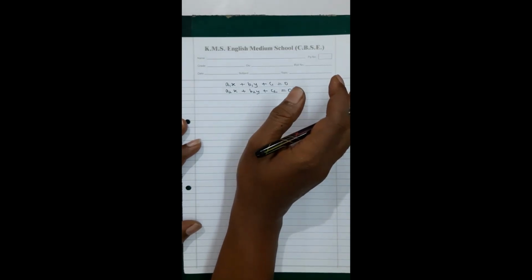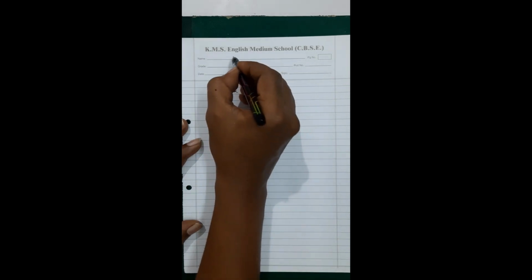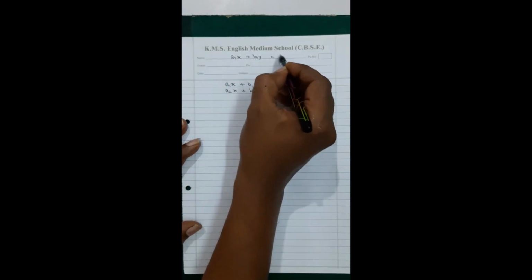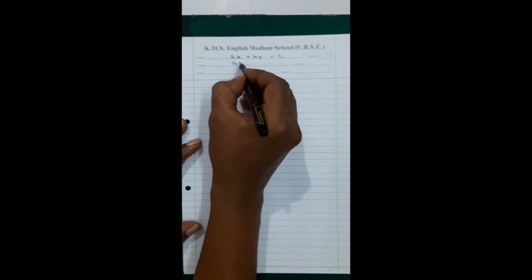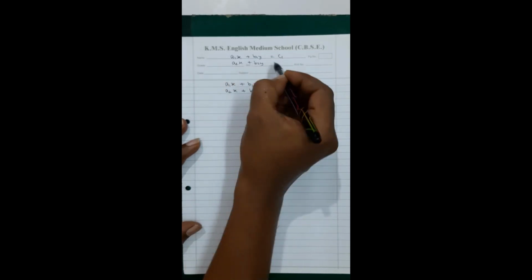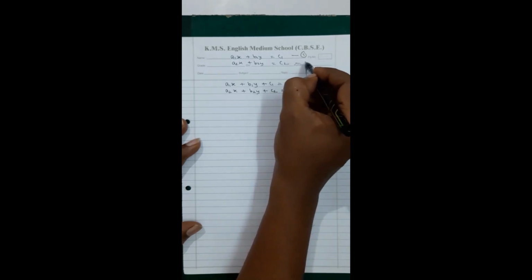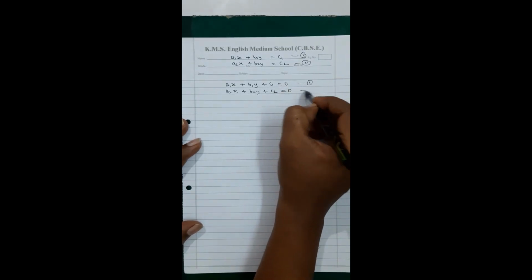In this case, you can have any general form. You can have this general form, or you can have a1x plus b1y is equal to c1, a2x plus b2y is equal to c2. It will not make any difference. This is the first equation, this is the second equation.